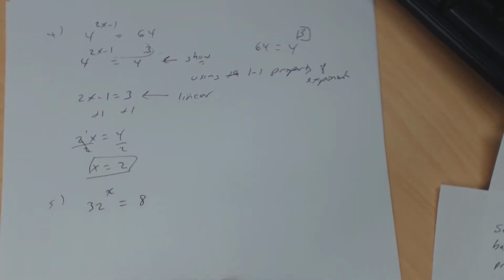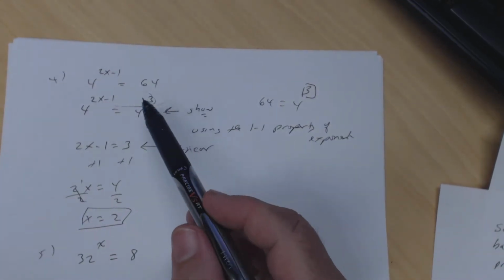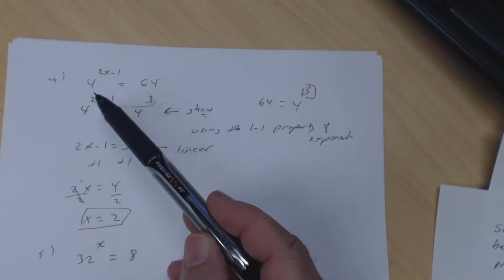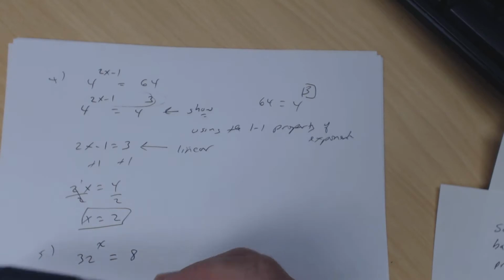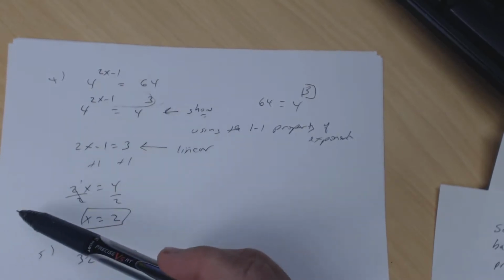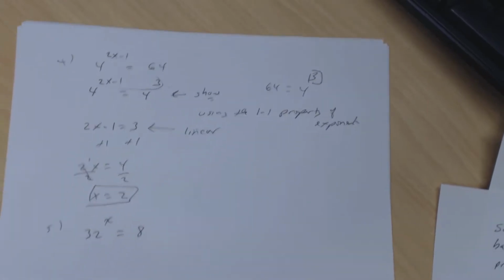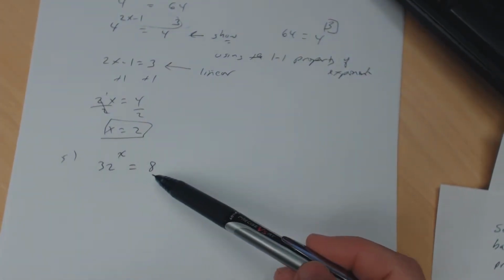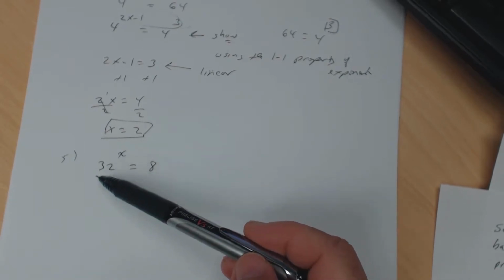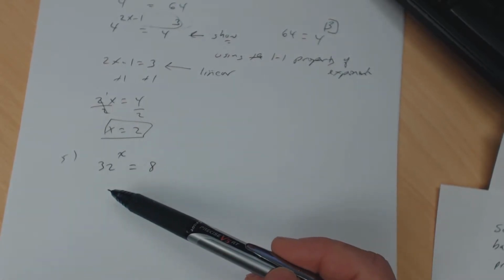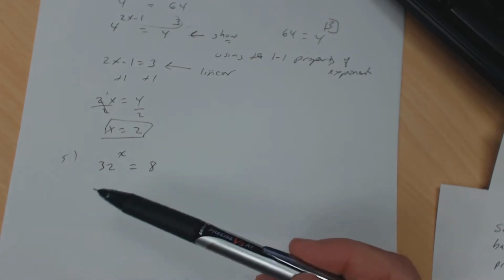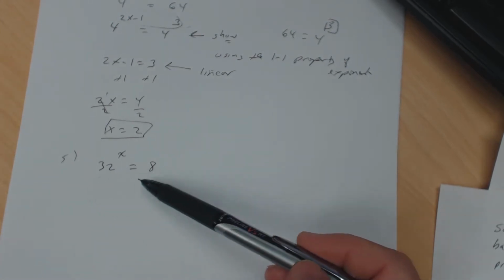Because in the previous four problems, it was very easy to get the bases to be the same. I just used whatever base was on the other side, and I rewrote the other side using that same base. But here's the problem. You have 32 and 8. Can I get the bases to be 32?